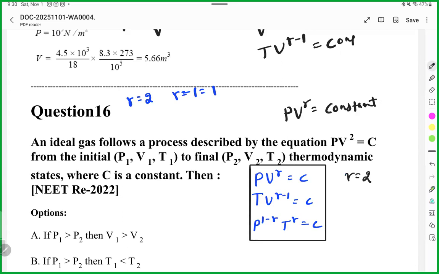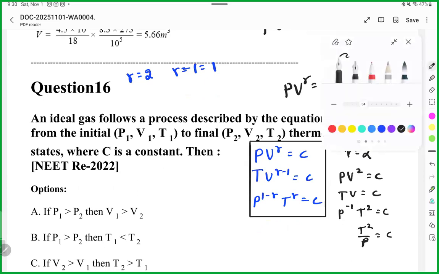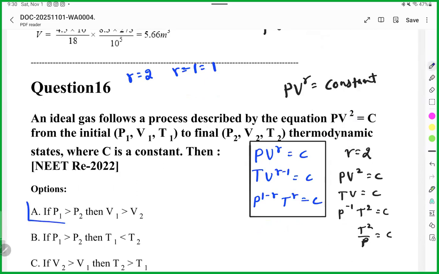Gamma value is 2. So you can say PV square is constant, TV to the power 2 minus 1, that is TV, is equal to constant. And third, P to the power minus 1 T 2 is equal to constant, or you can say T square by P is equal to constant. Correct? Now it depends what is given to you. Example, in the first case, P and V. Let's see this equation.